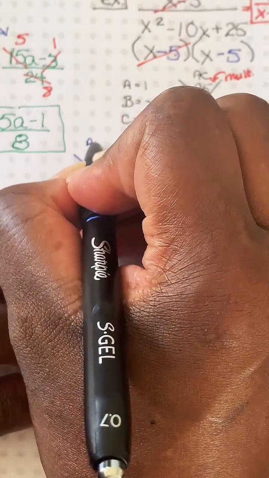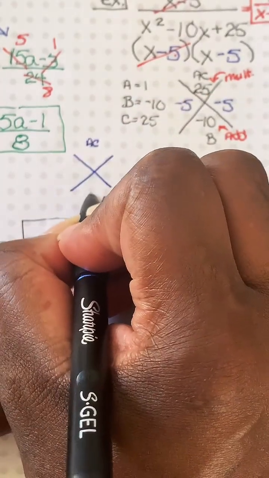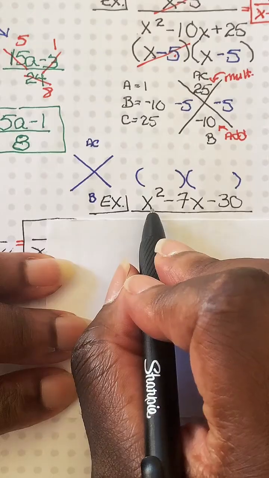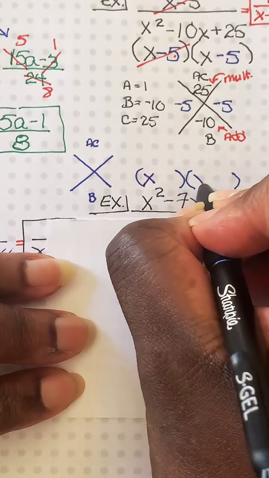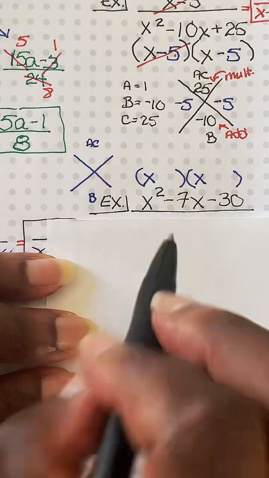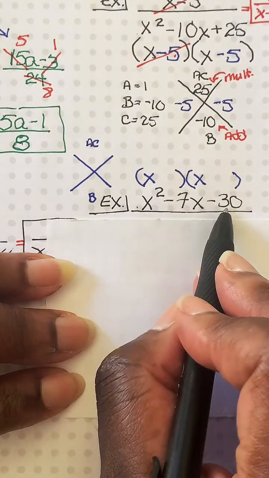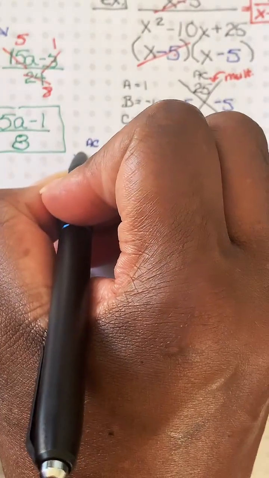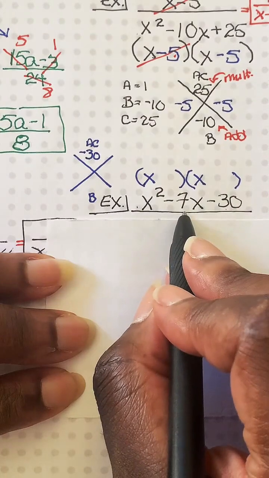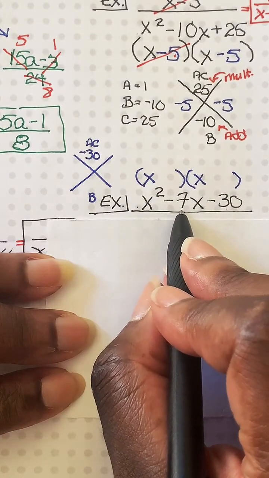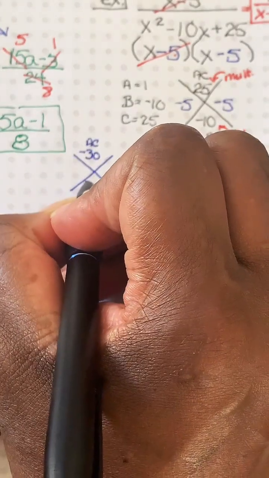So we have our AC and our B. And here's my x squared, so split them. There's 1x here and 1x there. Now when we multiply the 1 and the negative 30, we get negative 30. Then we're going to rewrite the B, and the B is that negative 7.